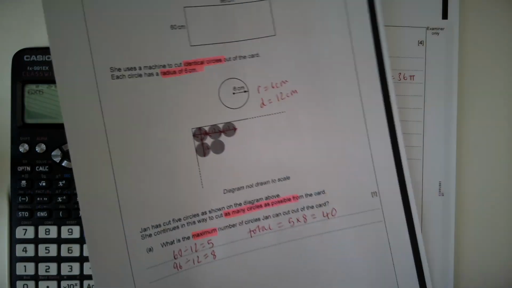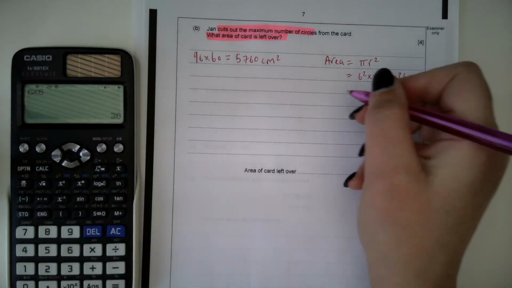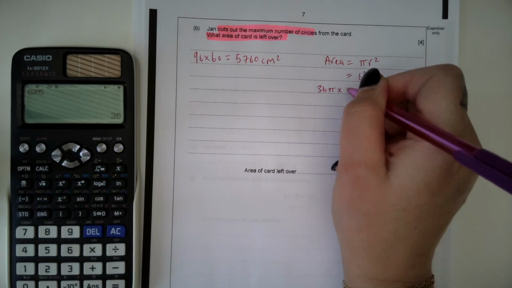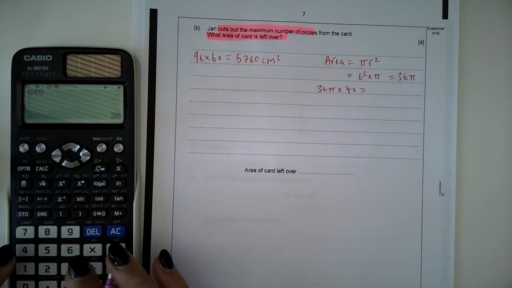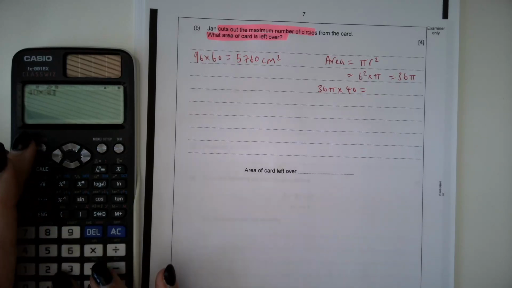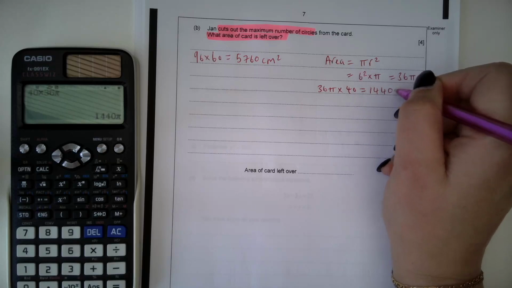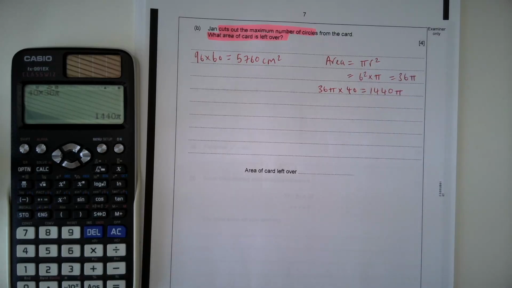But remember, she's going to cut out 40 of them. So we need to do that 36 pi multiplied by 40 for all 40 circles. So 40 multiplied by 36 pi is 1,440 pi. Again, I'm leaving it in terms of pi because I don't want to write out a load of decimals and I don't want to have to put a load of decimals into my calculator.